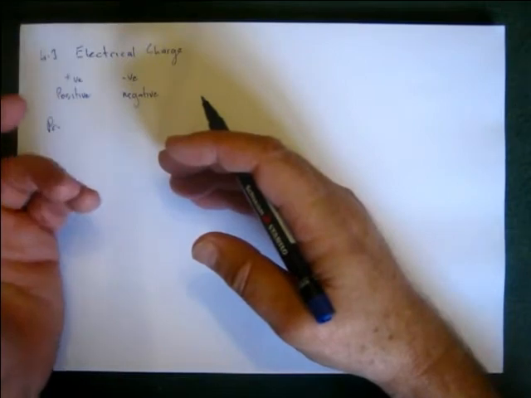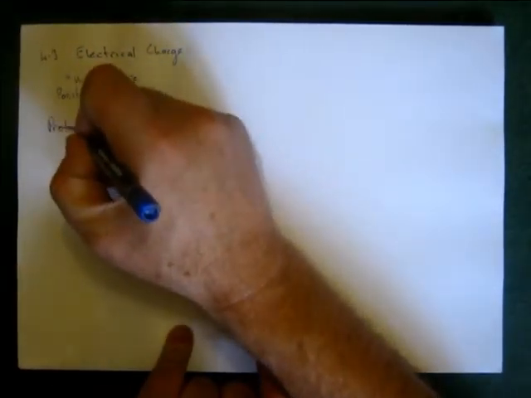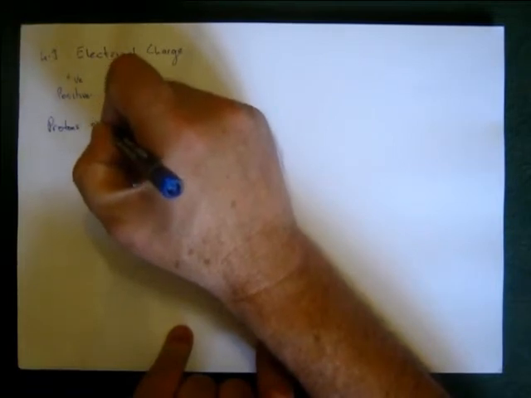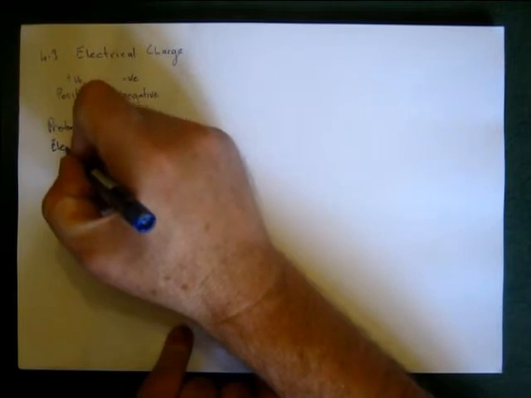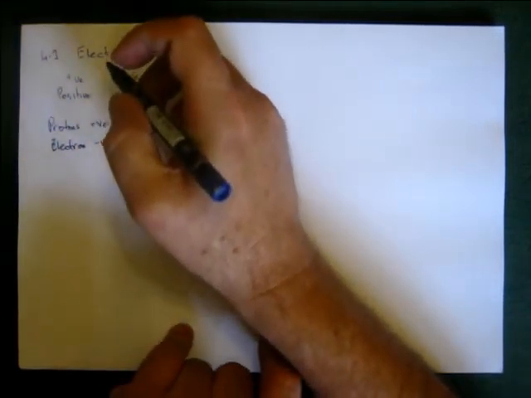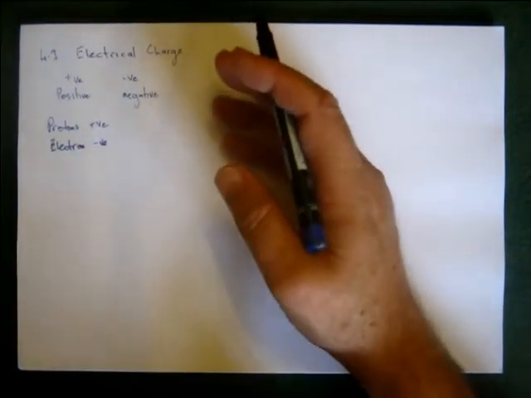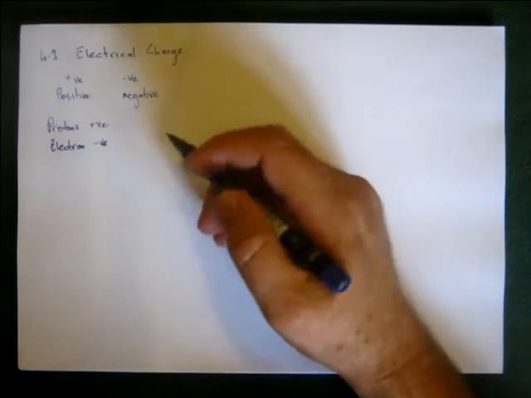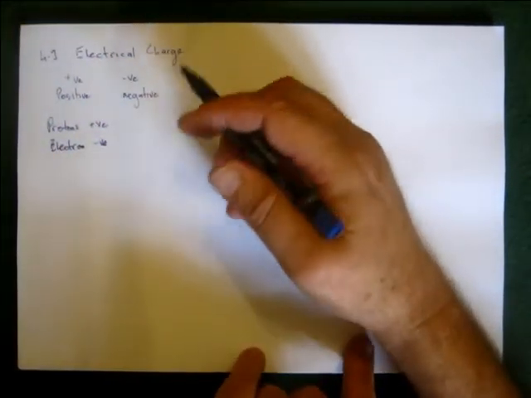and protons and neutrons. Protons have a positive charge and electrons have a negative charge. So these two types of things tend to make up pretty much everything in the universe.